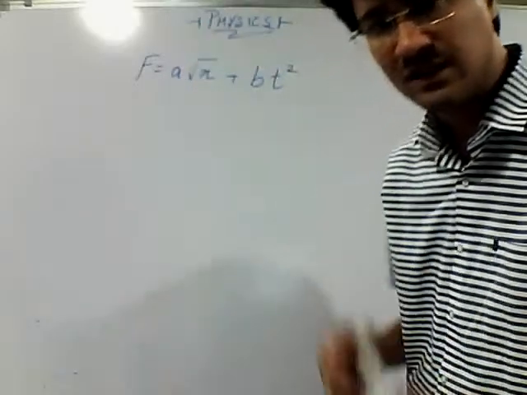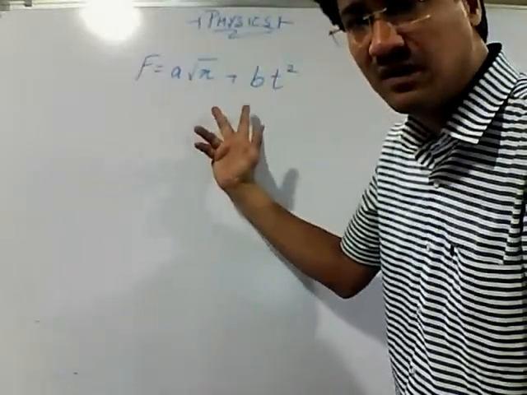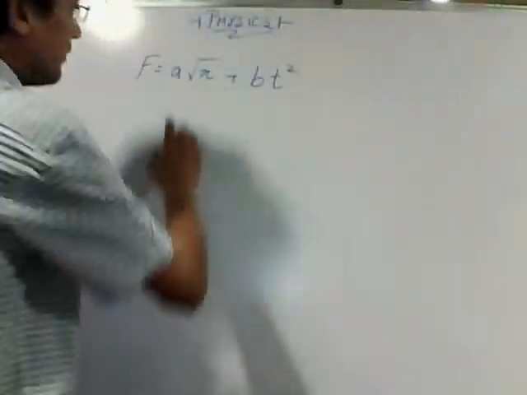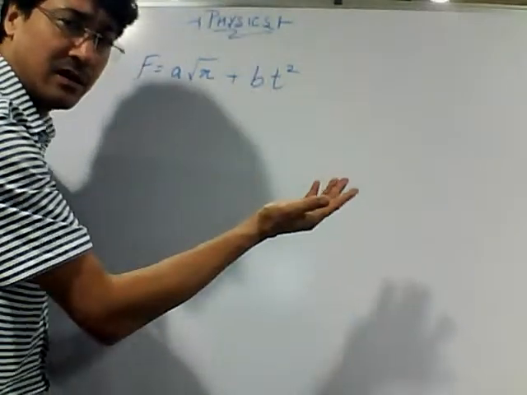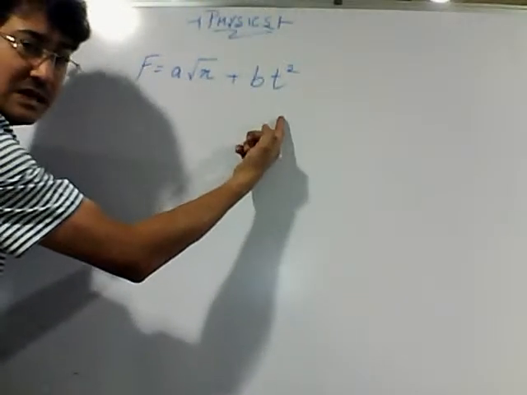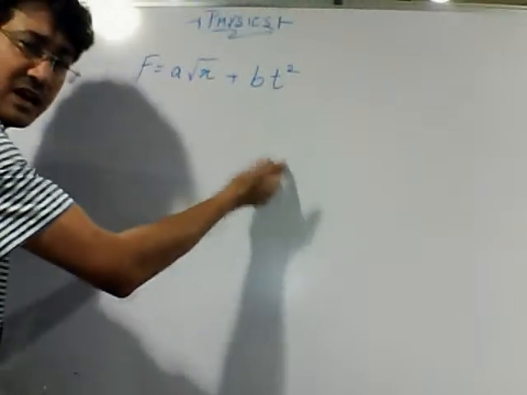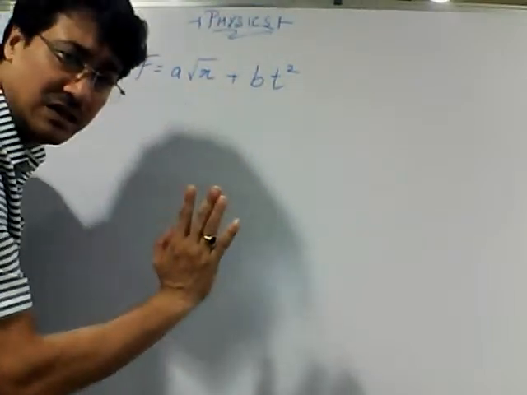If suppose the unit of a√x is meters, then bt² is also meters, because they are added. Meters plus meters would again result in meters. That means the unit of F will also be meters.